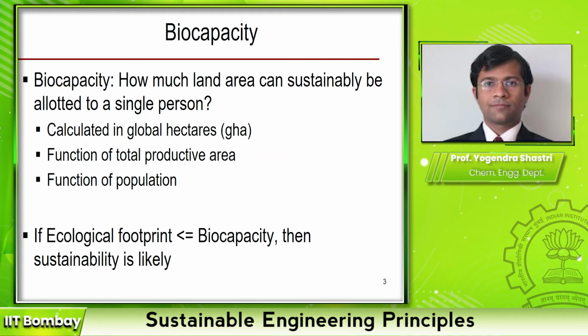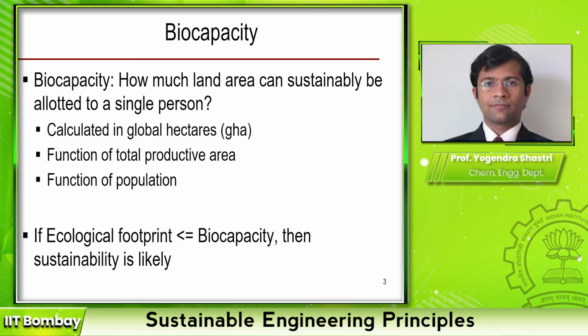So for the same productive area, if the population is very high, then the biocapacity will go down because more people want to use that area. And broadly speaking, if your ecological footprint is less than or equal to biocapacity, then we can say that sustainability is likely because your footprint is less than what can sustainably be provided.